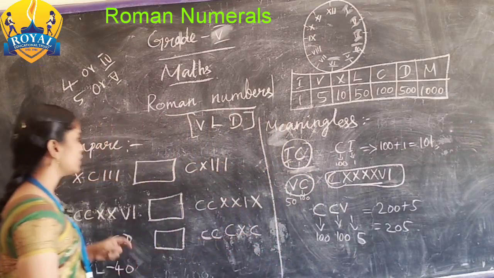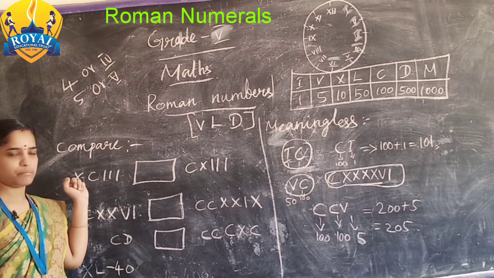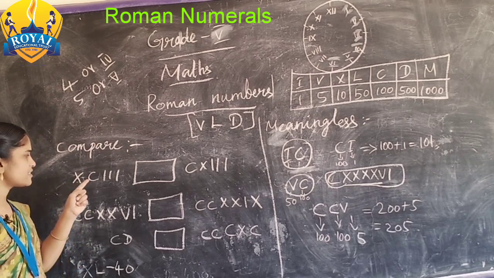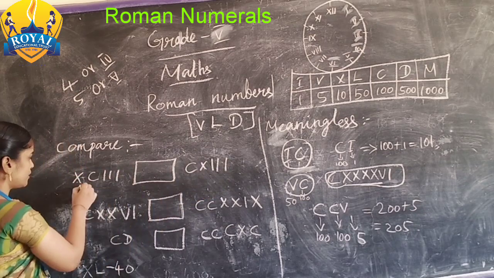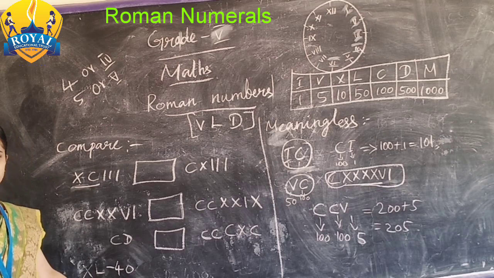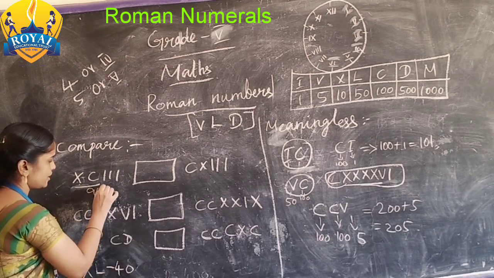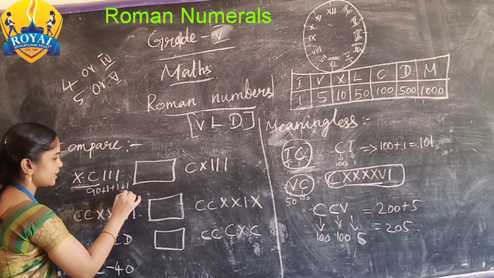Right student? The next one is compare. Here XCII and CXIII. Here XC is 90, so 90 plus 1 plus 1 plus 1, that is 93.